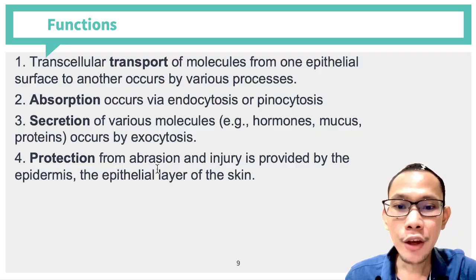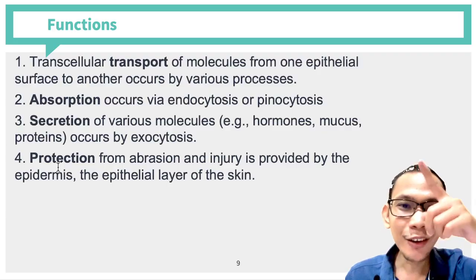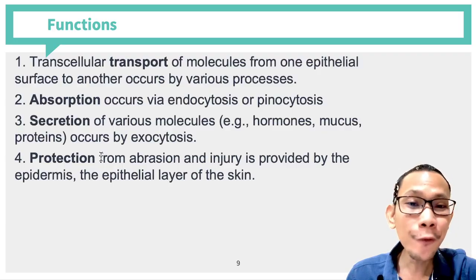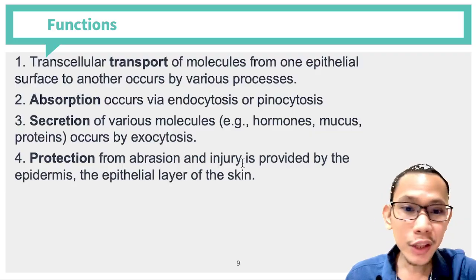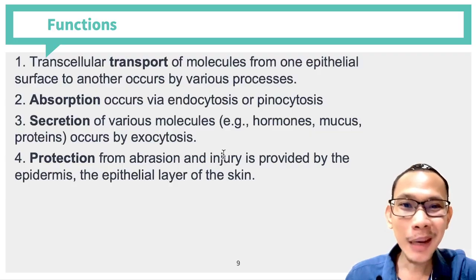Okay? And again, for protection, remember that they are found in the lining of your different organs. So therefore, it is needed for protection from abrasion and injury. Remember, your skin is also bounded by your lining epithelium.